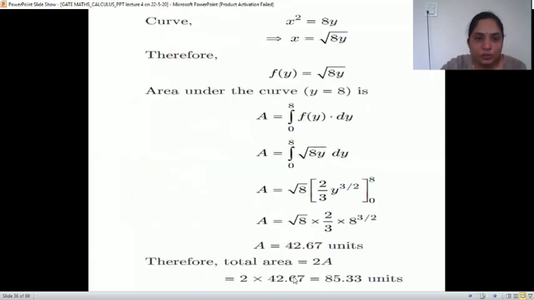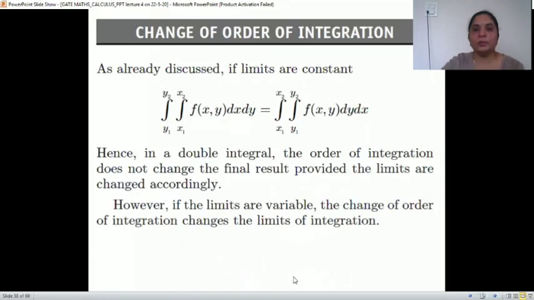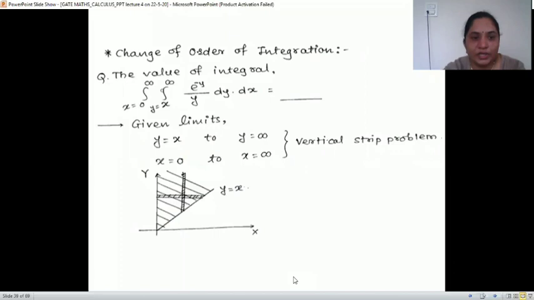We'll go to the change of order, changing the order of integration. As we already discussed, if limits are constant, we can easily change the order. But if the limits are variable, then how do we change the order?